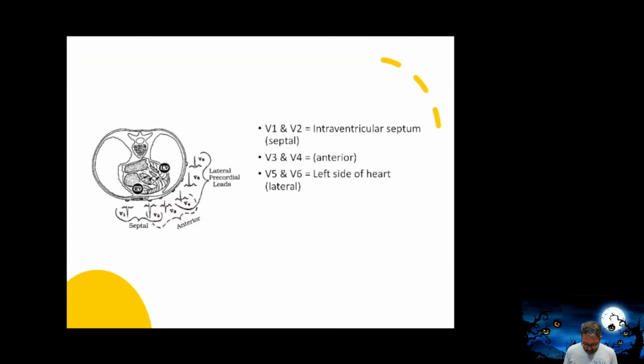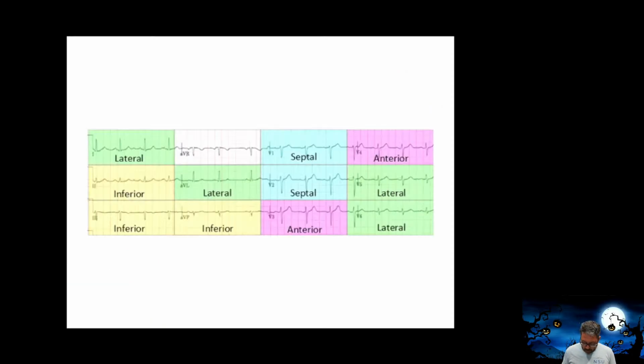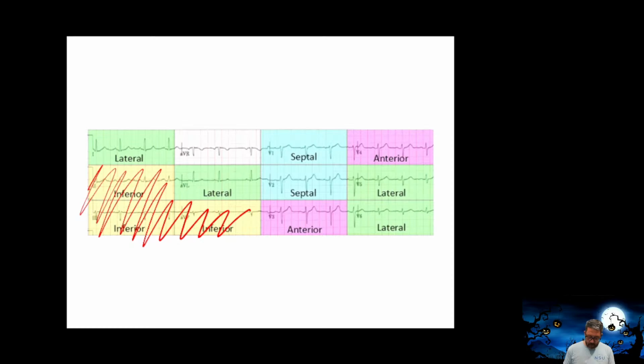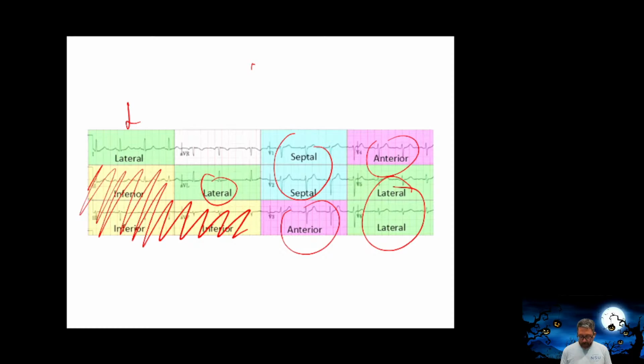Again, here's another way of looking at it as well. Here's your septals, here's your anteriors, then finally your lateral and your lateral precordial leads. Again, looking at those things. This is the one, make sure you know this one too. Here's your inferiors. Okay, and then your laterals, septals, anterior.